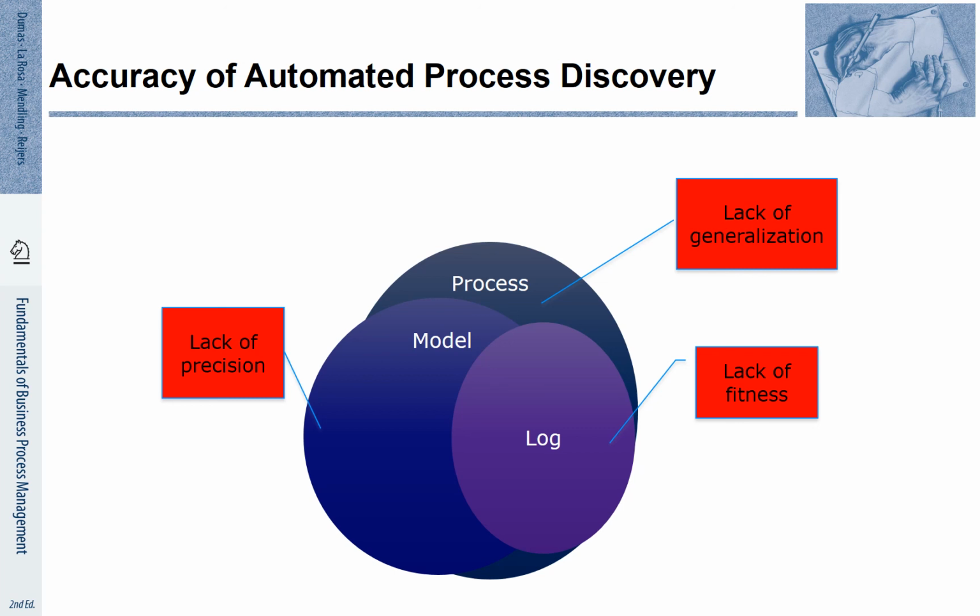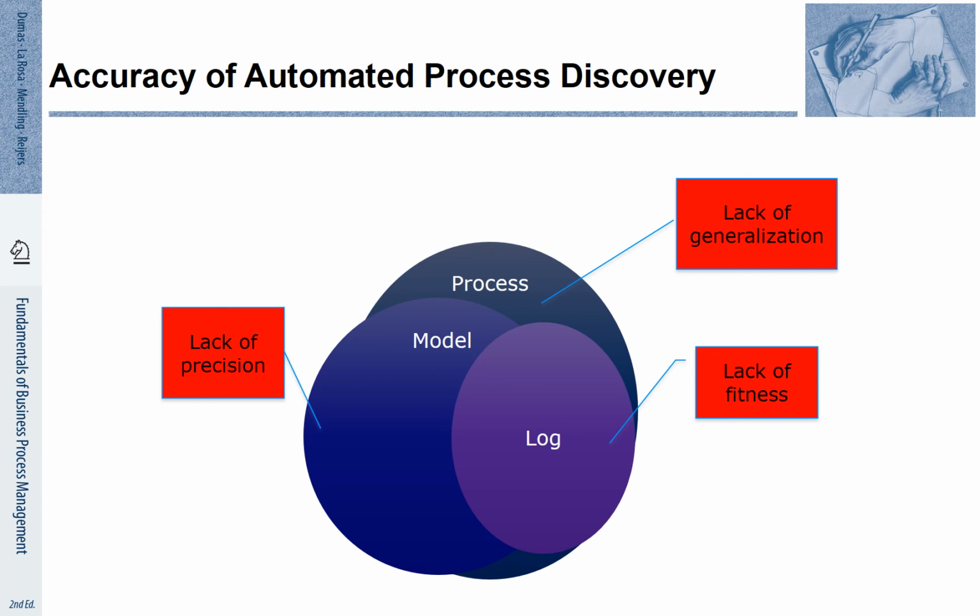Generalization is most difficult because it is the log that we can observe about the process. The log doesn't tell us what could still be possible, which is not stored in it. In particular, precision and fitness can be used to fine-tune algorithms for automated process discovery.